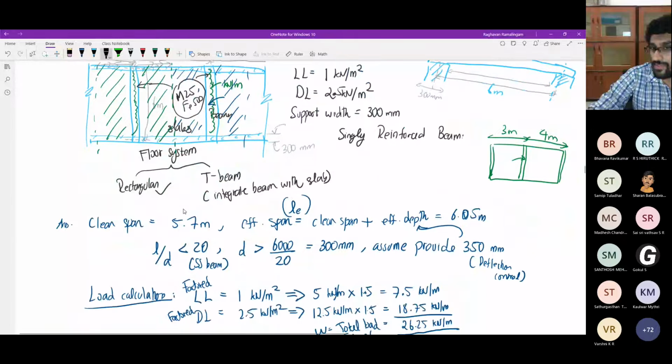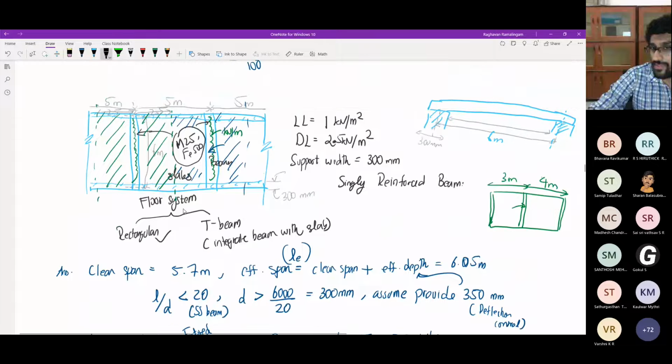The load, how much is the load? Live load is 5, unfactored, and unfactored dead load is 12.5. Okay, fine. So these are the loads.